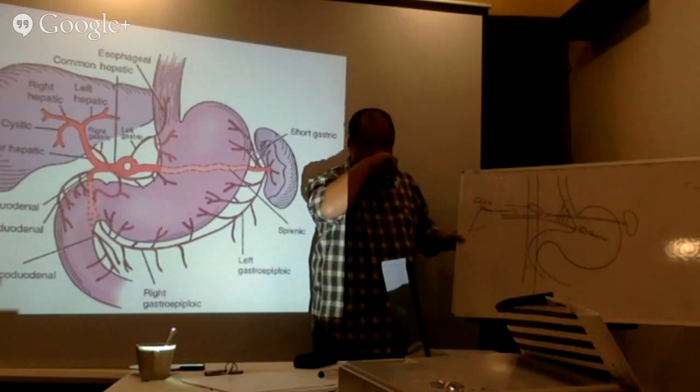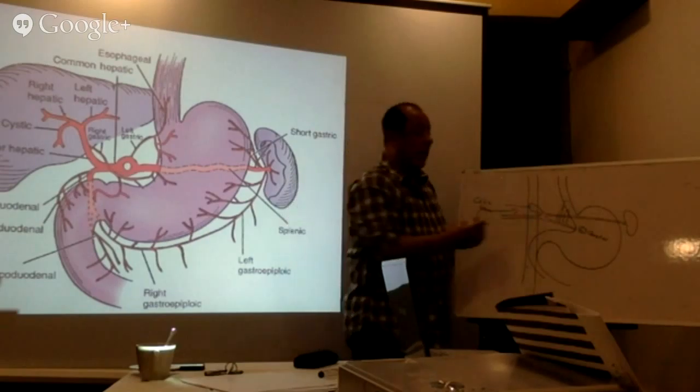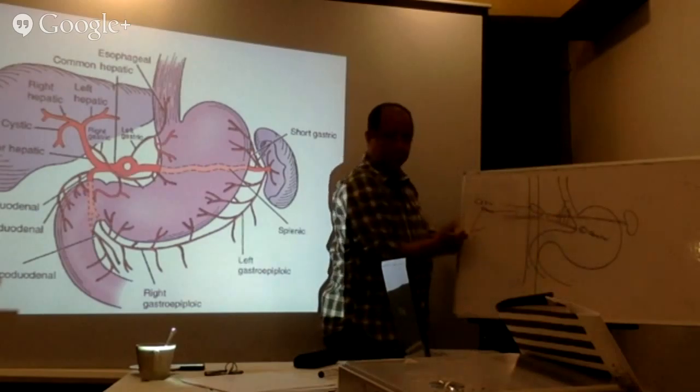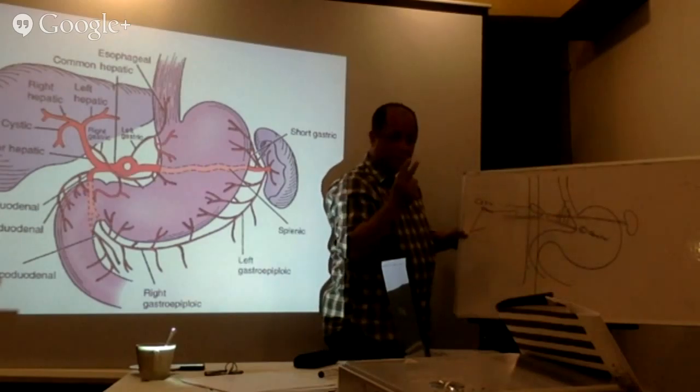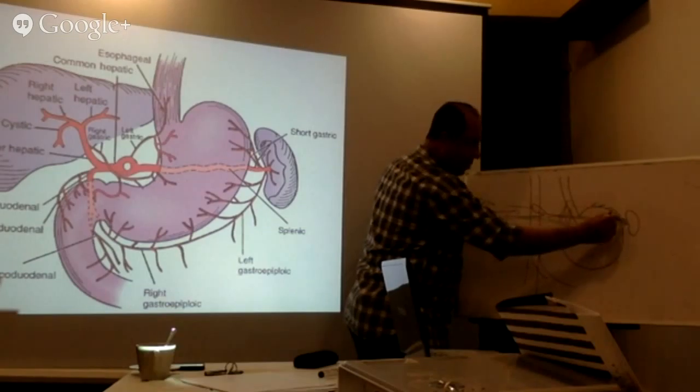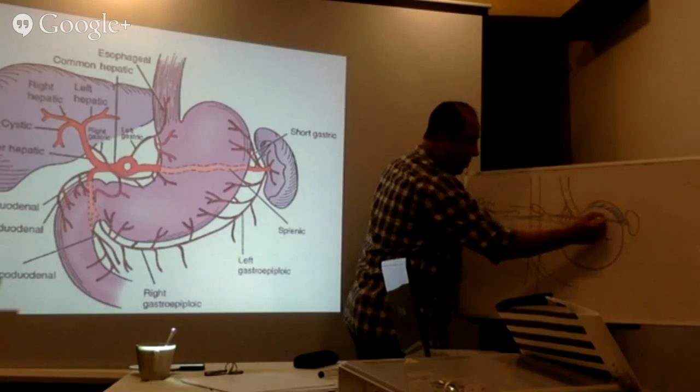Now, if we look at the splenic and the hepatic, each one is going to have 2 arteries. Look here, we are going to have a branch, a very short branch. This is called the short gastric artery, only to the fundus.